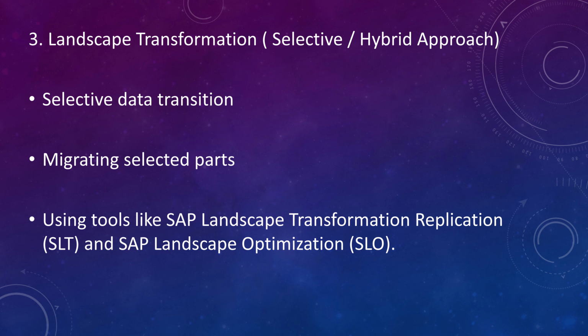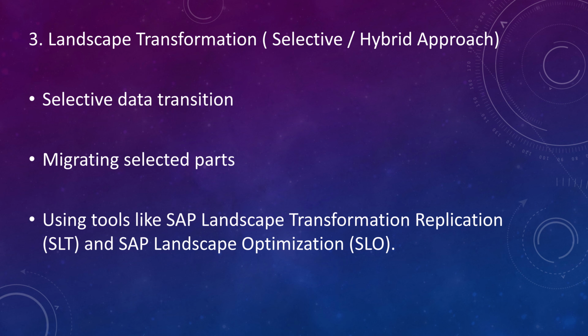Now, let's talk about the third migration path, landscape transformation, also known as the selective or hybrid approach. In this method, the company does not move the entire system. Instead, it migrates only selected parts of the system or data. For example, you might migrate only a few company codes, business areas, or specific modules.